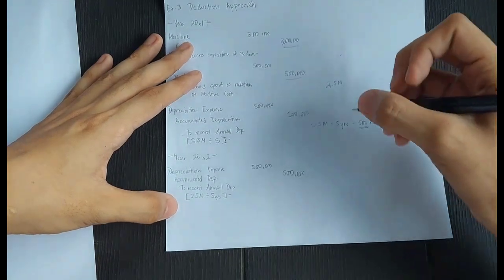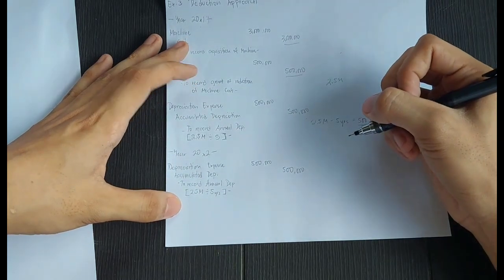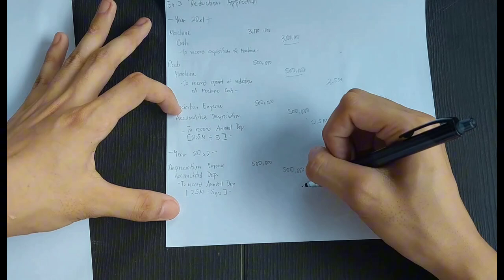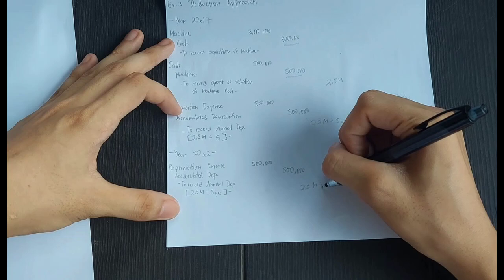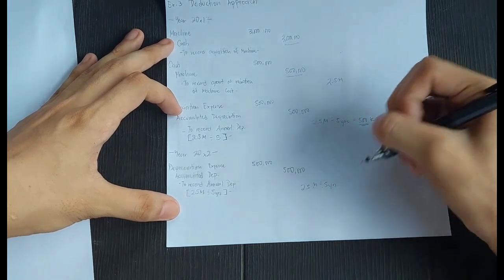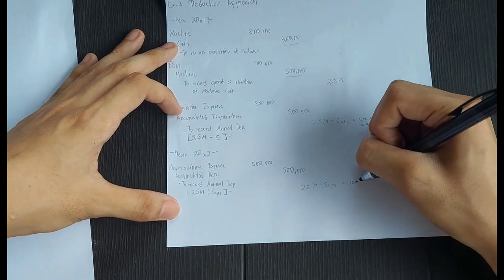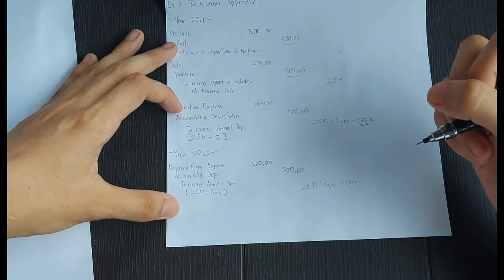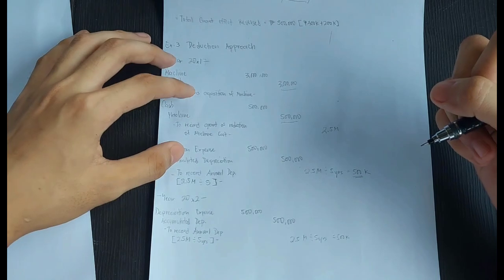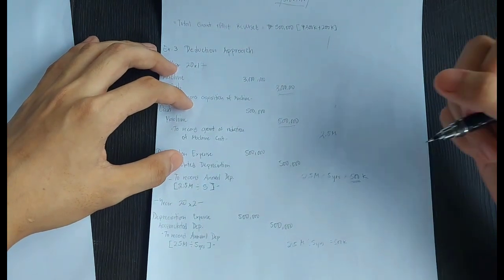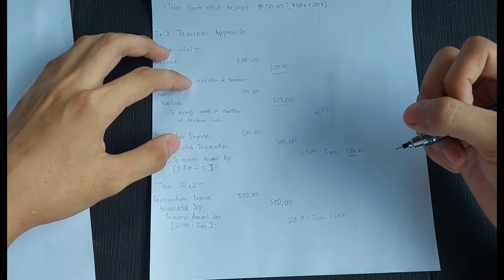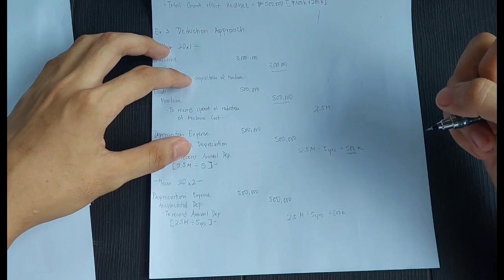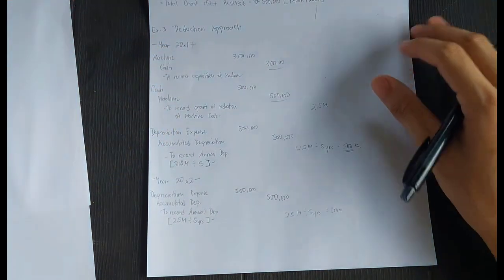We just use the same method as the year 20x1, which is 2.5 million divided by 5 years to get the 500k, simply because it is said here that the policy of depreciation of the asset is on the straight line basis.